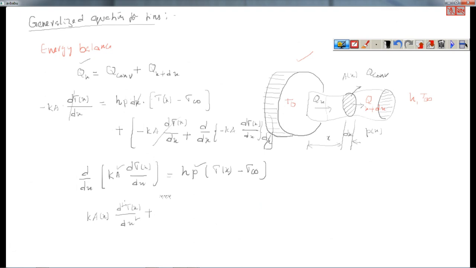plus, now I'll be applying the product rule here for this equation. d by dx of uv is equal to u dv plus v du.